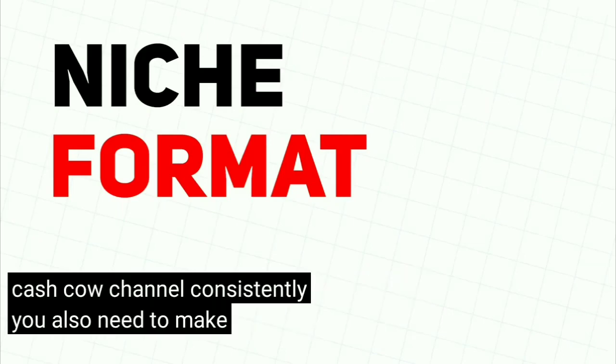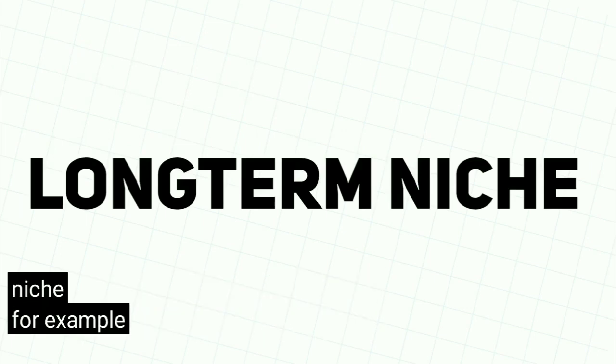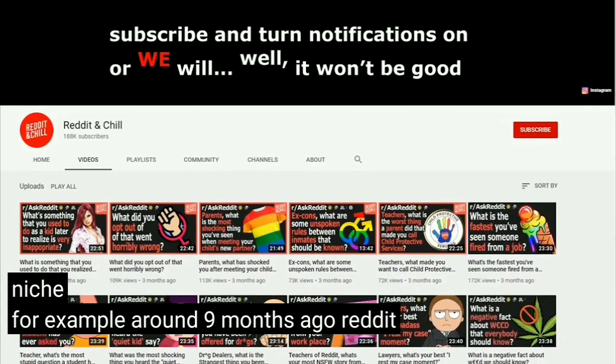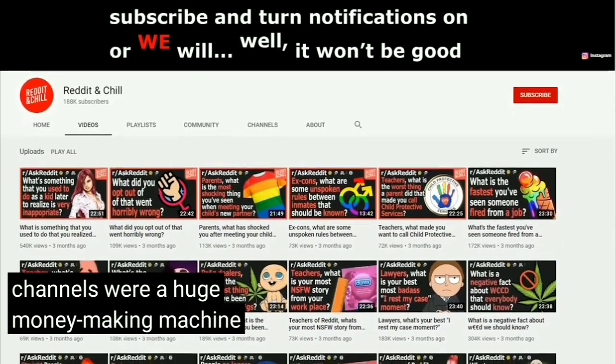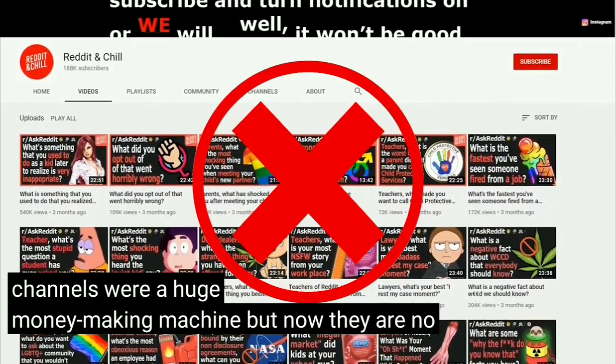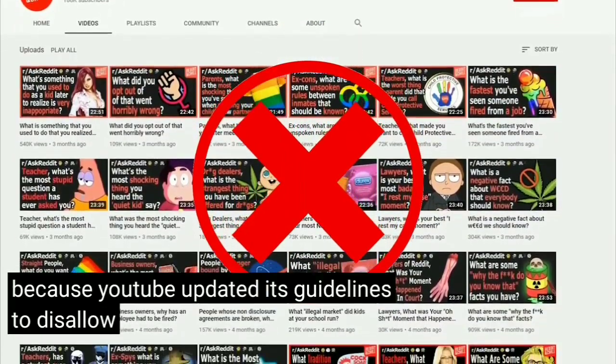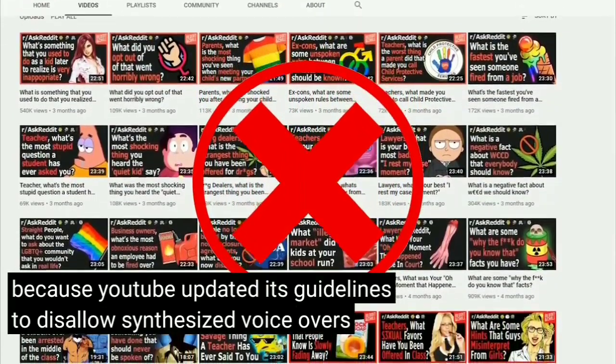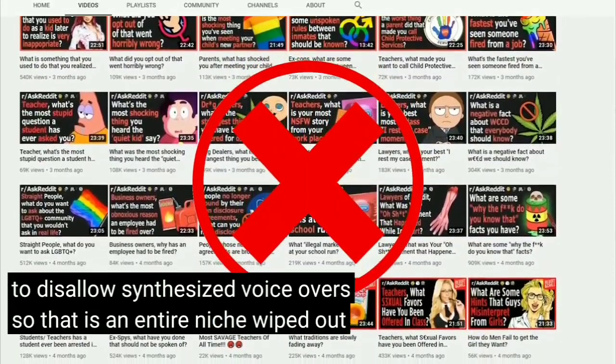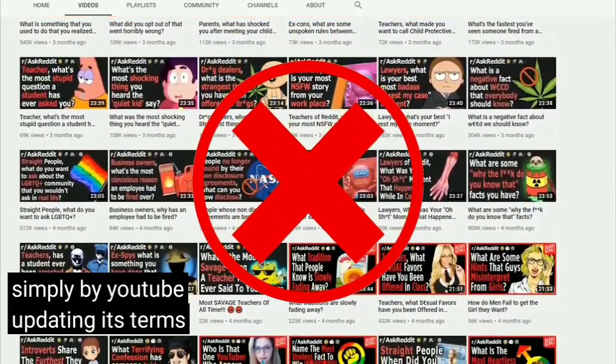You also need to make sure that the niche you are in is actually a long-term niche. For example, around 9 months ago, Reddit channels were a huge money-making machine. But now, they are no longer monetizable because YouTube updated its guidelines to disallow synthesized voiceovers. So that is an entire niche wiped out simply by YouTube updating its terms of service.